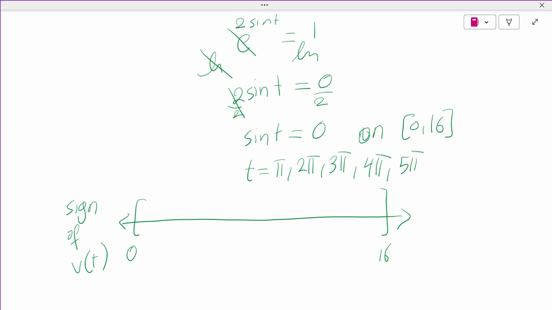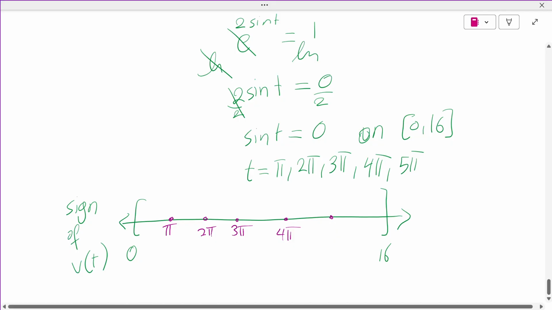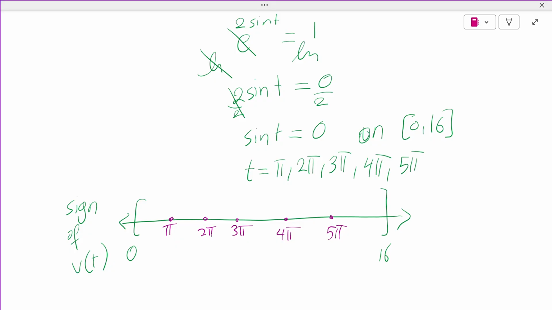We have pi, 2 pi, 3 pi, 4 pi, and 5 pi. Because 5 pi is 5 times 3.14, it's less than 16.